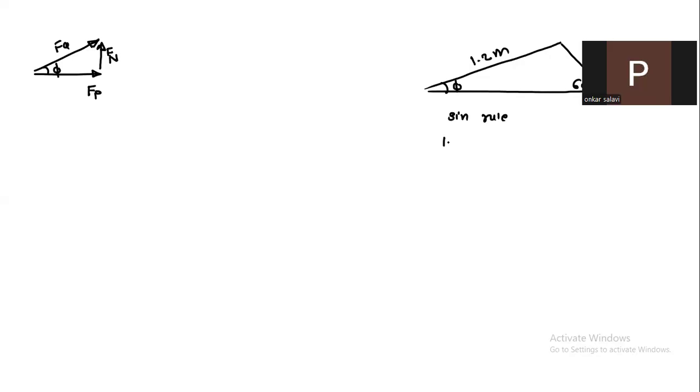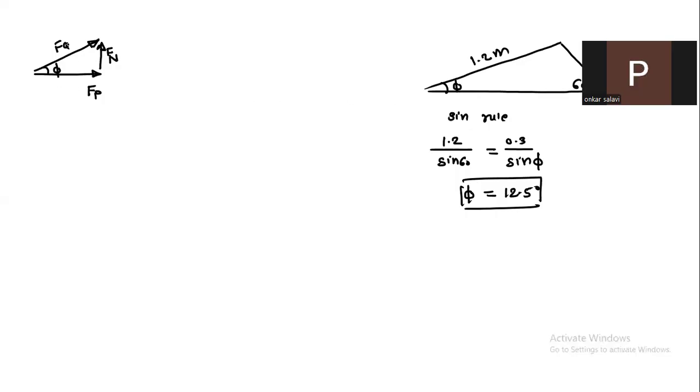This length 1.2 upon sine of the opposite angle, so sine 60, is equal to 0.3 upon the sine of the opposite angle, so sine phi. If you solve this, you will get the angle phi, which is equal to 12.5 degree. So if phi is not given, just by using this basic sine rule in the geometry, you can find out the unknown angle phi.